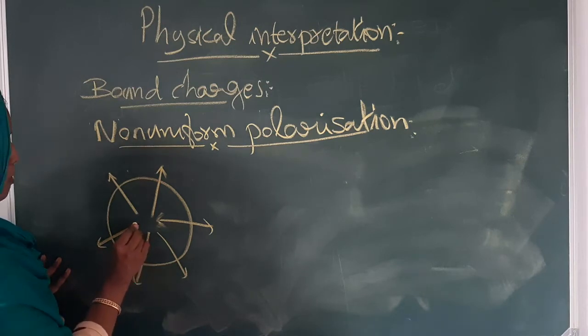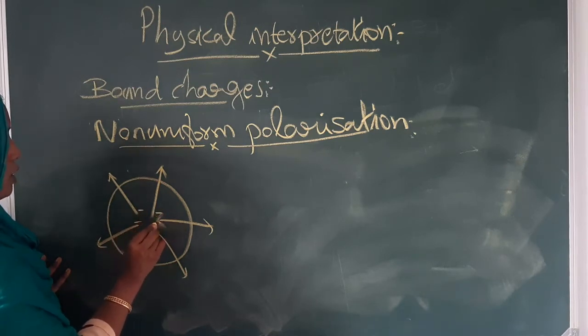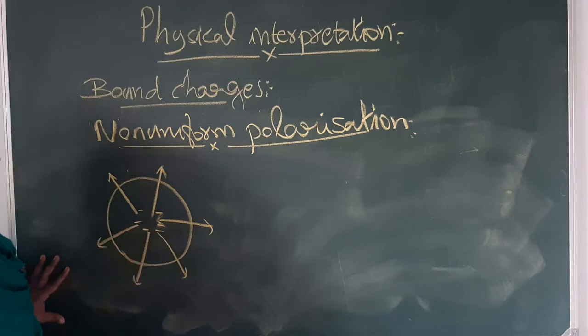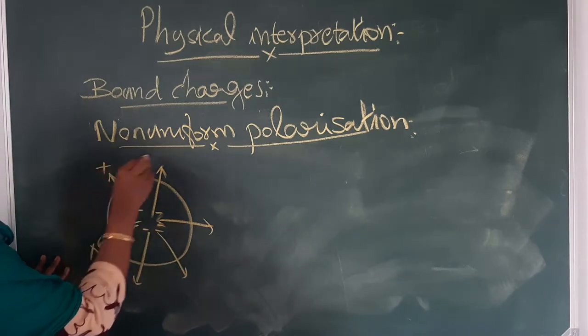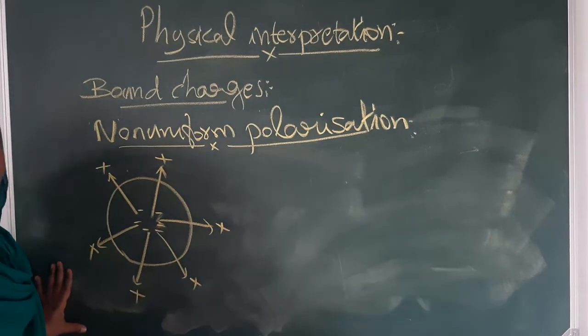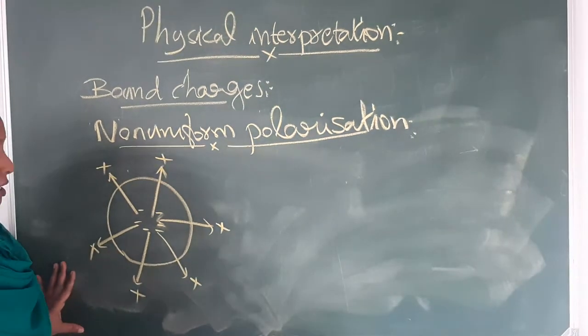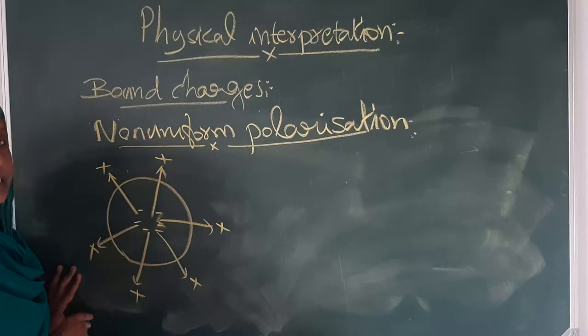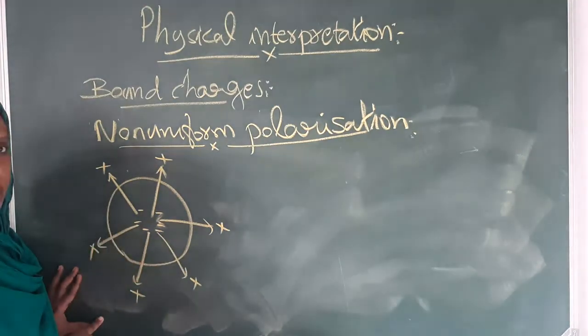So the dipole moment is oriented from here to here, with the corresponding positive charge on its outside. So in the case of a diverging polarization, there is a net negative charge inside the body.